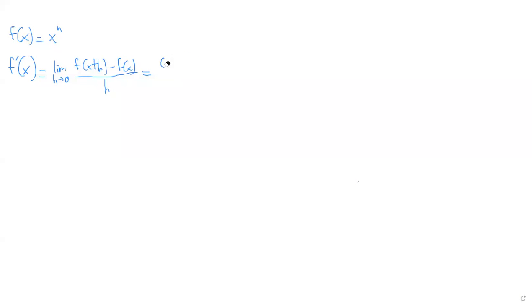I forgot to include the limit as h tends to 0. So the limit as h tends to 0 of (x+h)... Thank God I'm not doing this without the pen, otherwise that mistake would have cost me an extra 3 minutes.